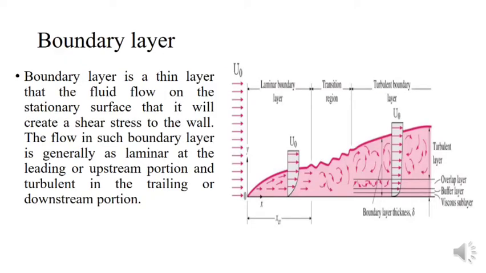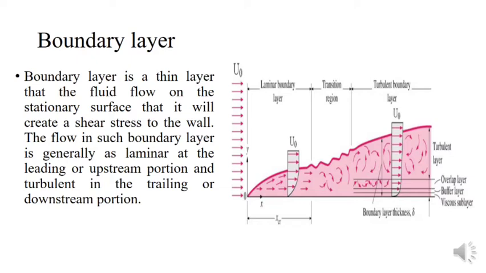And what is a boundary layer? Boundary layer is a thin layer that reacts on the surface of the body, which is the fluid flow towards the body, and there is a laminar boundary and a turbulent boundary.